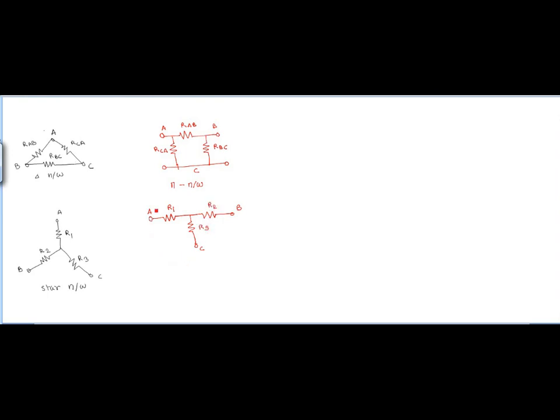This network looks like the English alphabet T. That's why it is named as T network. Similarly, we can read this star network like this. This is named as Y network because it looks like the English alphabet Y.